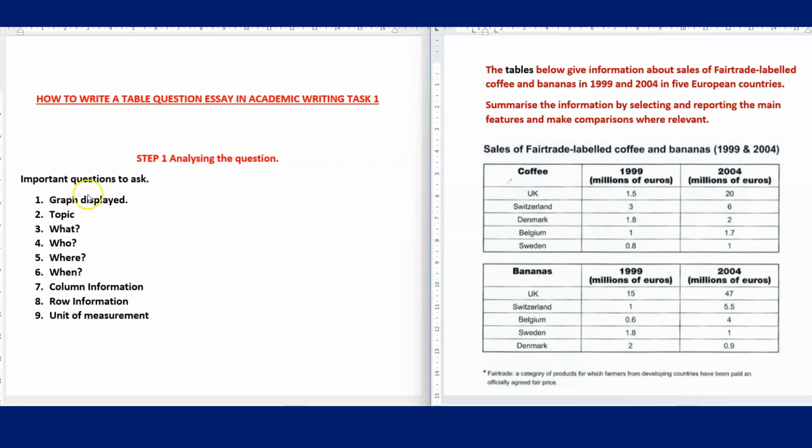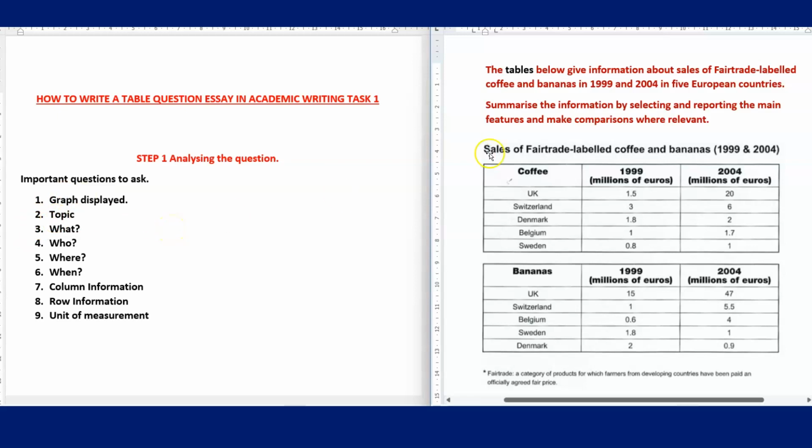So for you to make those analyses, first of all, we ask what graph is being displayed here. We know that there is a table, and actually we have two tables here. So the graph displayed here is a table. Is there any topic on them? Let's check.